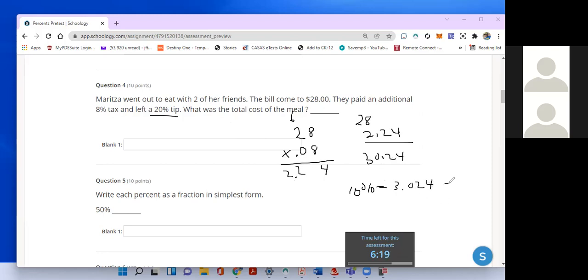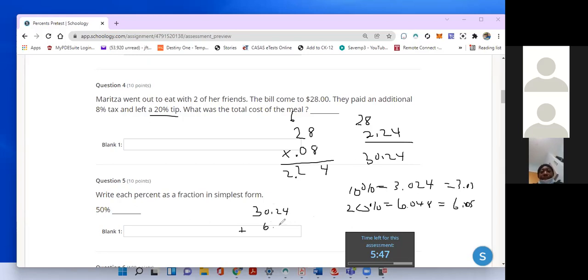Since we're talking about money, we round that off to $6.05. Then we take that 6.05 and add it to the 30.24, and we get 36.29.